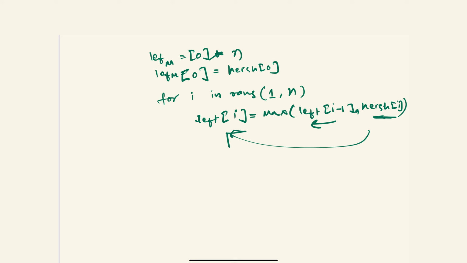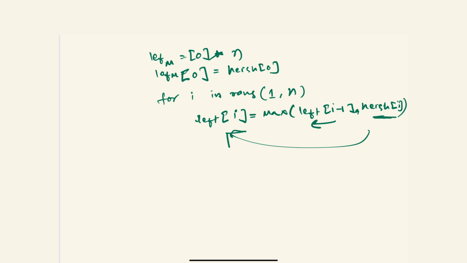Keep on repeating this for the left index. Okay, this is for the left index. For the right index, repeat the same for loop. Either you can go in the reverse order or in the forward order, and store into the right array.